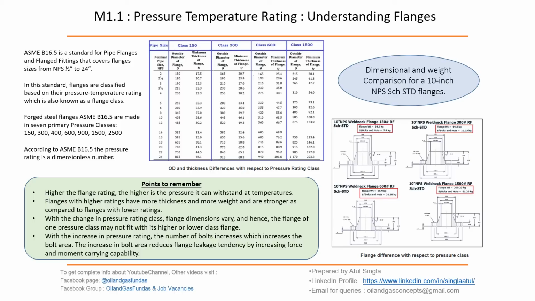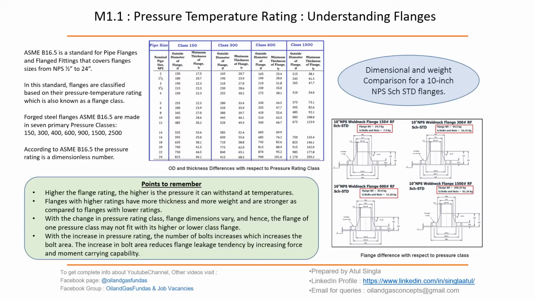With the increase in pressure rating, the number of bolts increases, with the increase in bolt area. Now this is a very interesting fact. As the size and rating is increasing, number of bolts will also increase, and as the number of bolts increases, bolt area will also increase. The increase in bolt area reduces flange leakage tendency by increasing force and moment carrying capability.